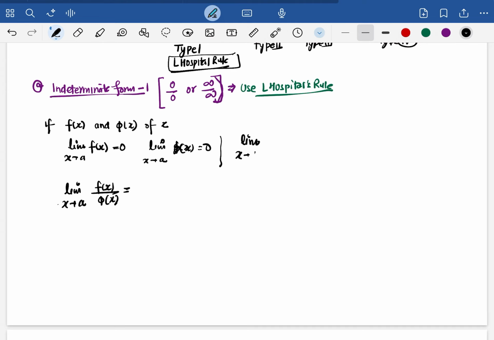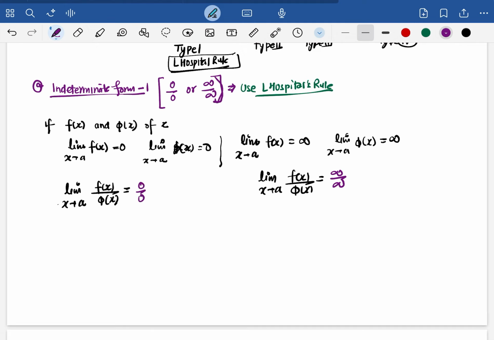Or maybe let us say the limit of f(x) is found to be infinity and the limit of phi(x) is also infinity, and we are calculating the limit of f(x) upon phi(x); this is again taking the form of infinity upon infinity, and the other is taking the form of 0 by 0.